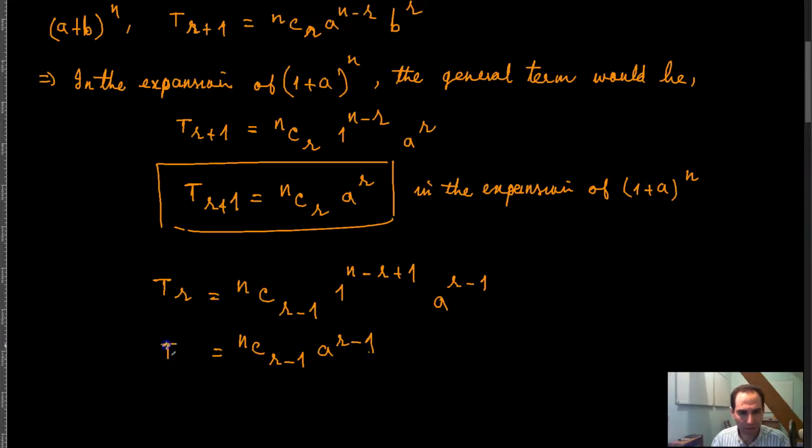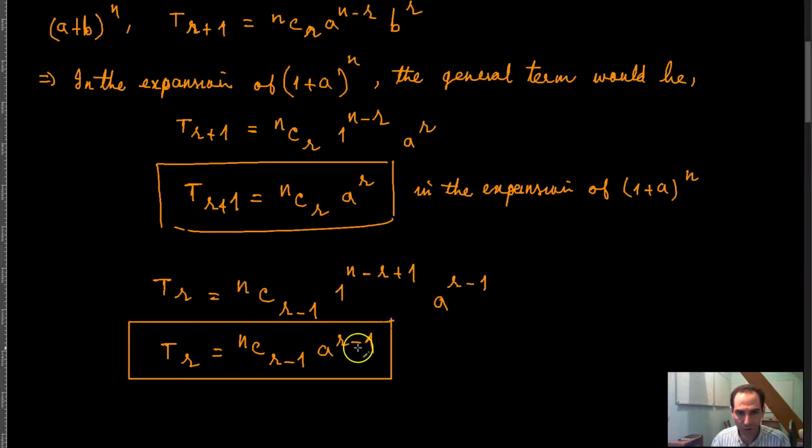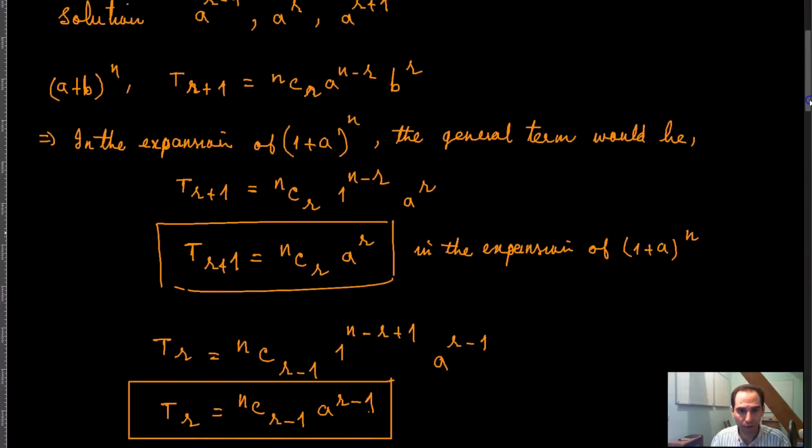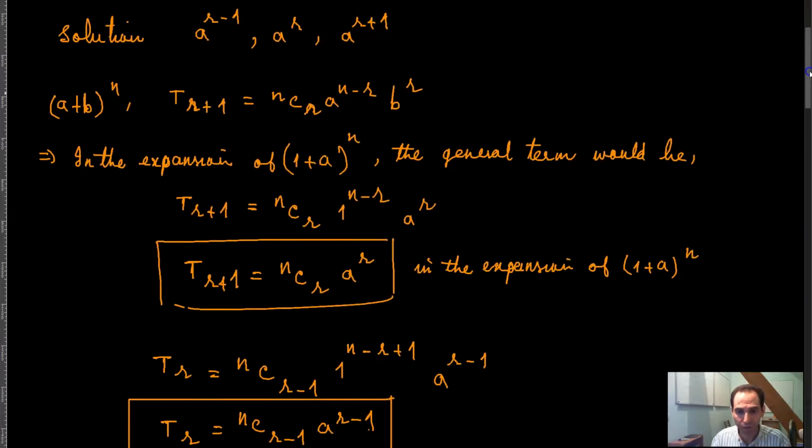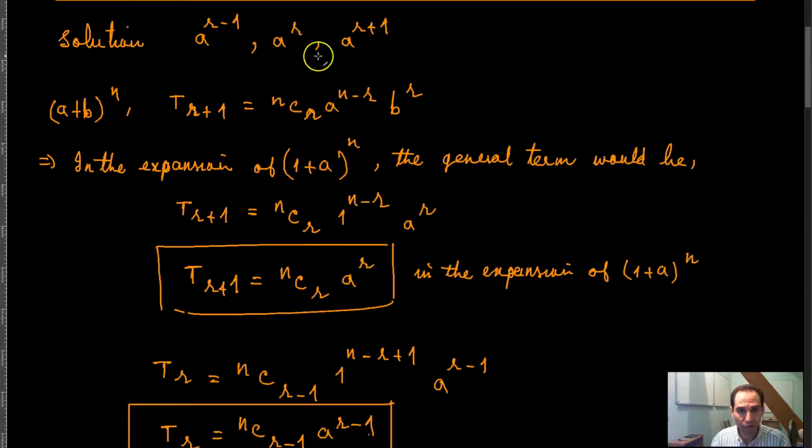That is T of r. And you can see that a raised to the power r minus 1 occurs in T of r. So we have now gotten a raised to the power r minus 1, and we have gotten a raised to the power r, so we need to get this one as well.